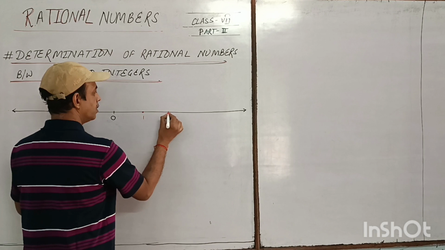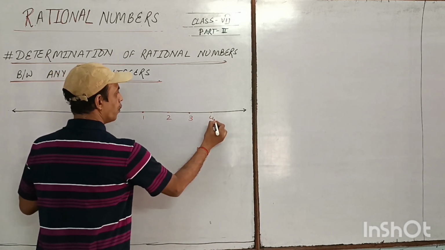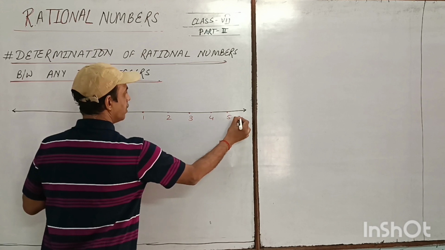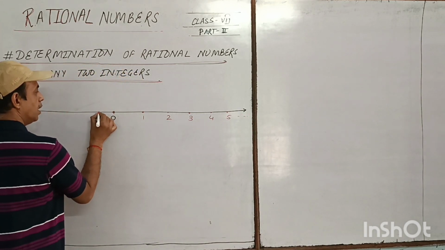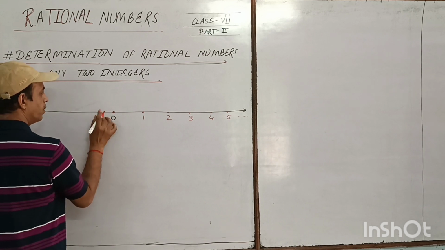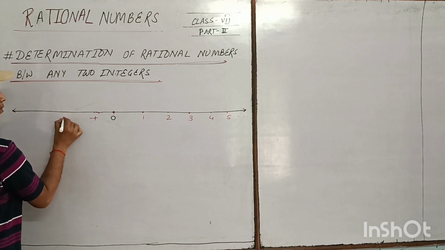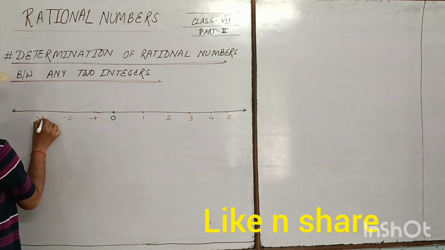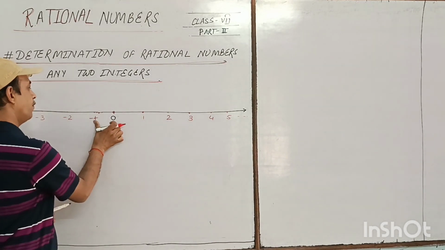This is 1, 2, 3, 4, 5. This goes till infinity. This is 0. Then on the left side of it, you will have minus 1, minus 2, minus 3, minus 4, and so on till infinity.